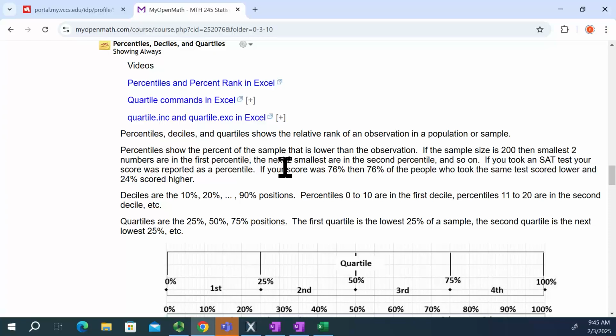This doesn't assume any distribution. And the reason we didn't make more use of this before was that it was hard to do. Now with the calculator or an Excel program, bang, it's no problem. What we want mostly is quartiles.